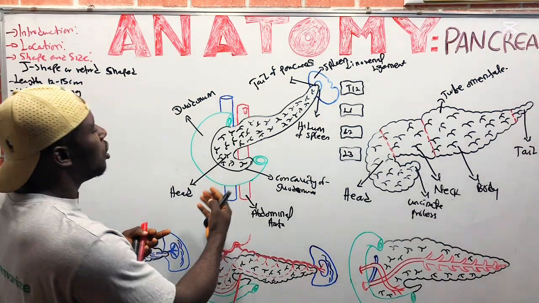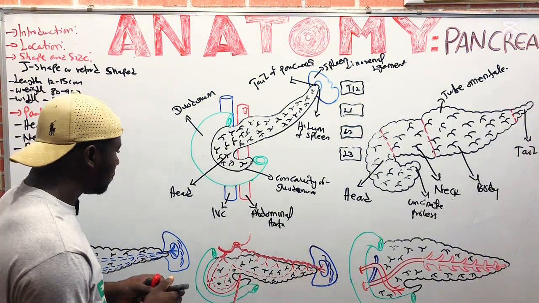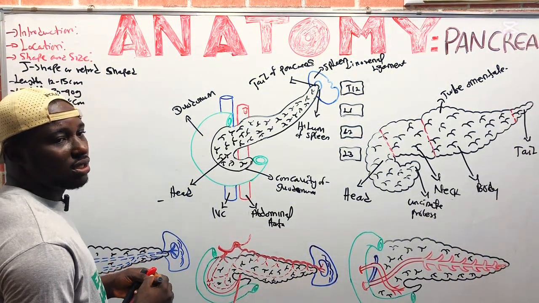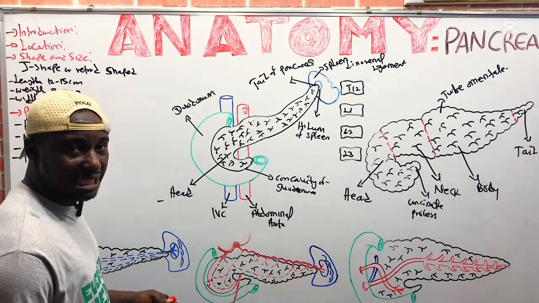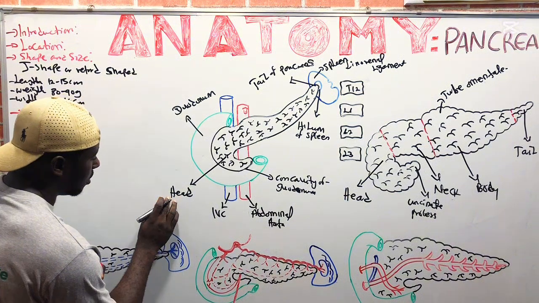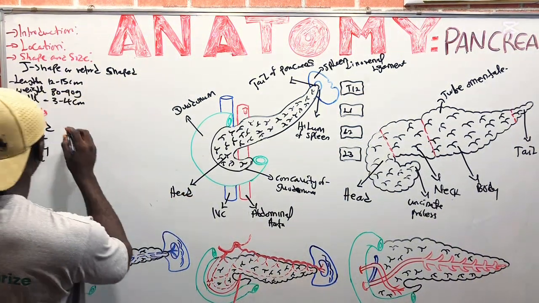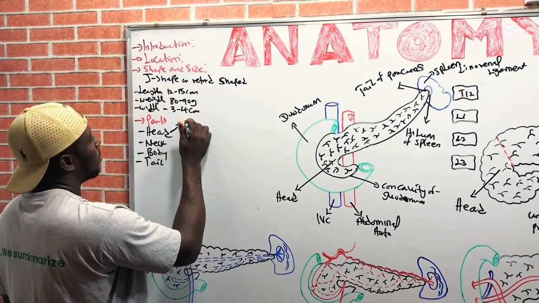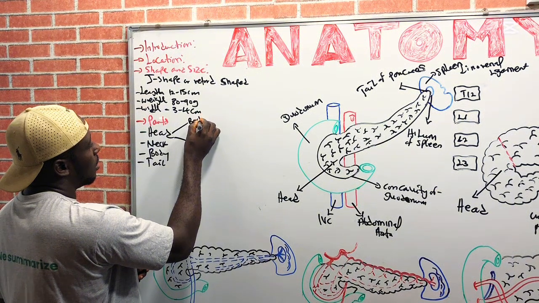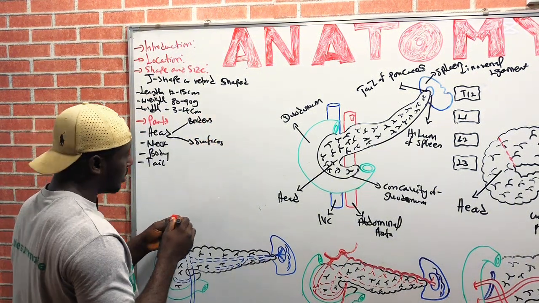Now let's quickly discuss the external features of the head of the pancreas. It has three borders and two surfaces.